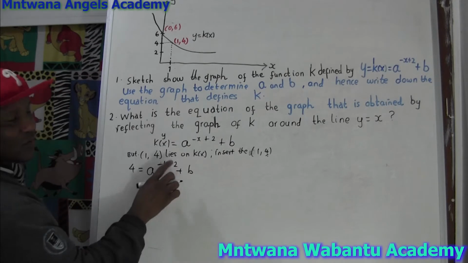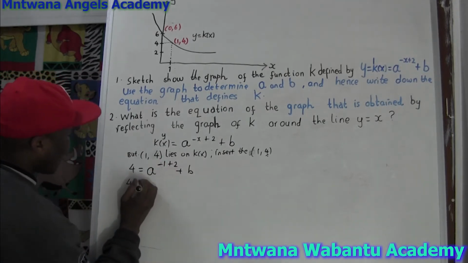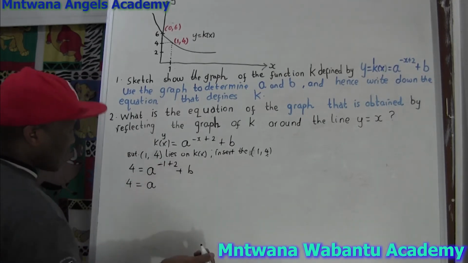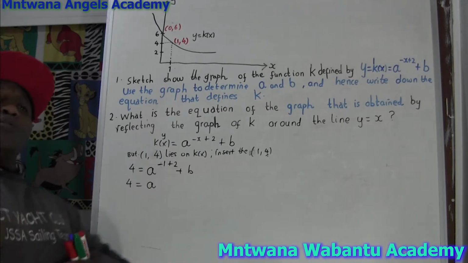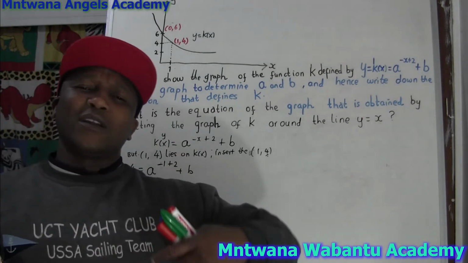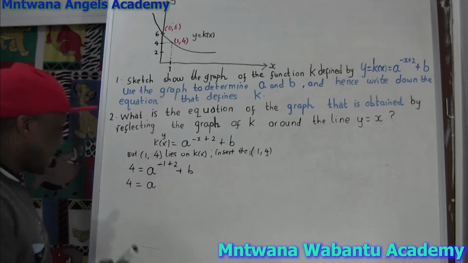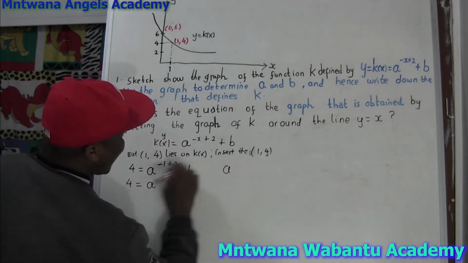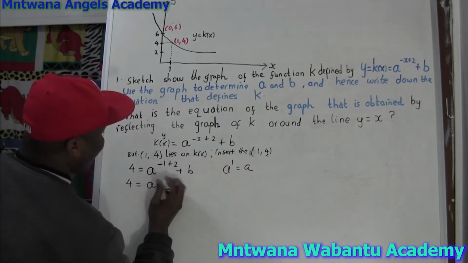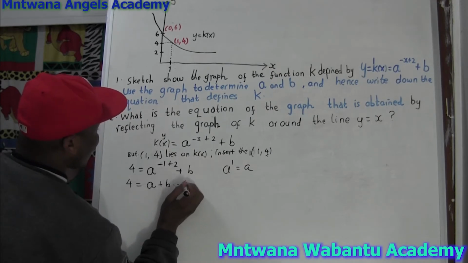Negative 1 plus 2 equal to 1. So here I'm going to have 4 equal to a to the power 1, which is a, you know what I'm saying? So this is going to be 4 equal to a plus b. Let's call this the first equation.